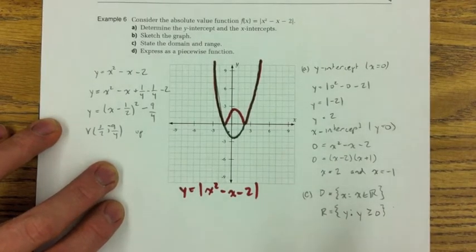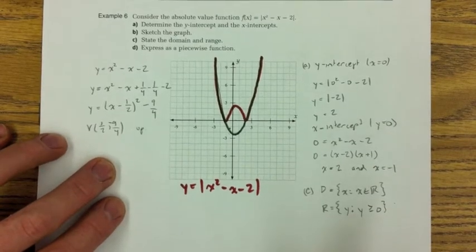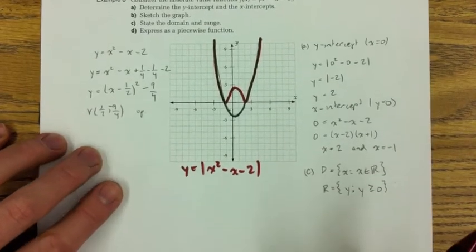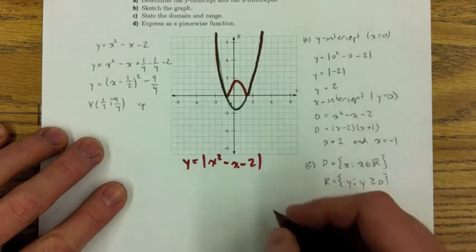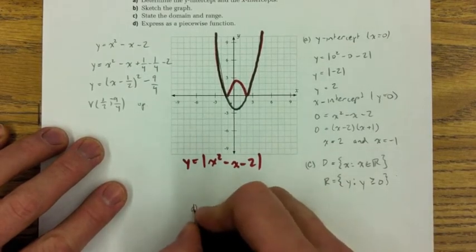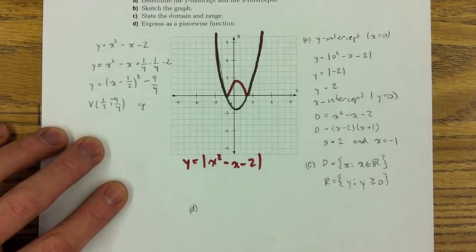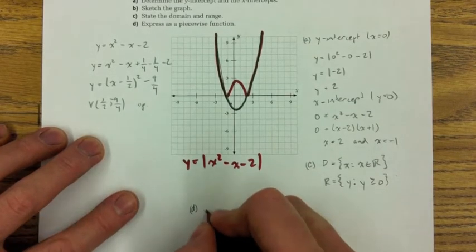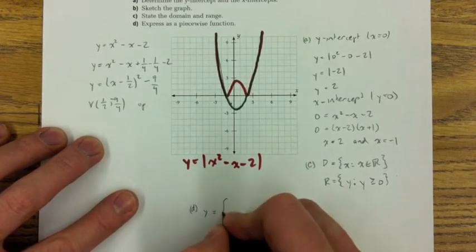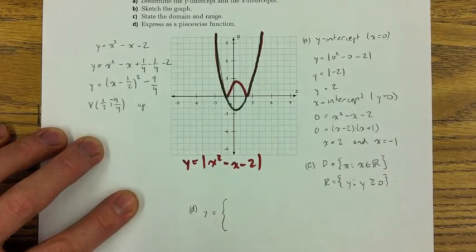All right, the last step is to express this as a piecewise function. Now, there are two pieces.